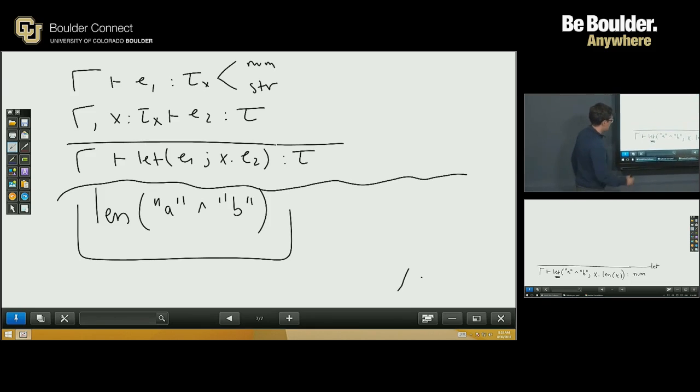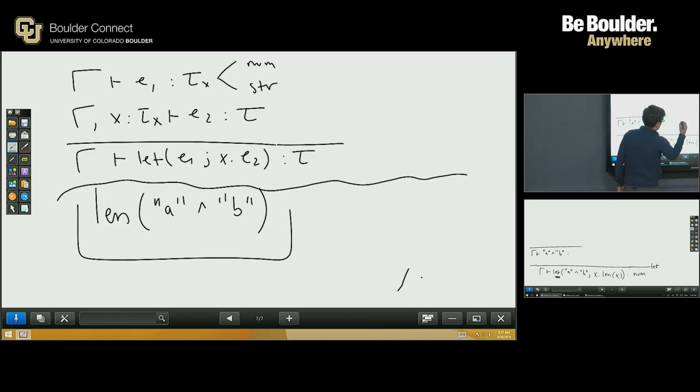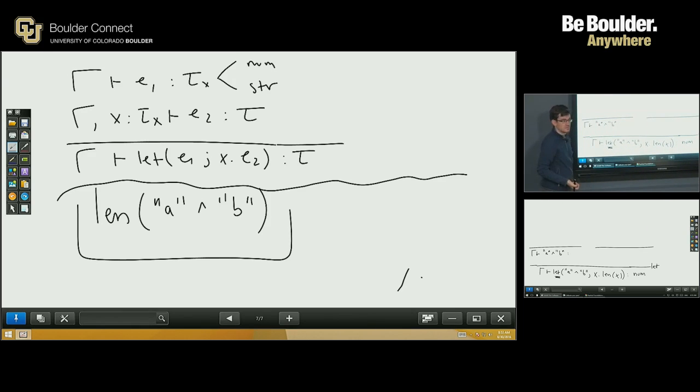Okay, so now I have these two subderivations. One of them is reasoning about concatenation. And what type is the concatenation going to have? String.